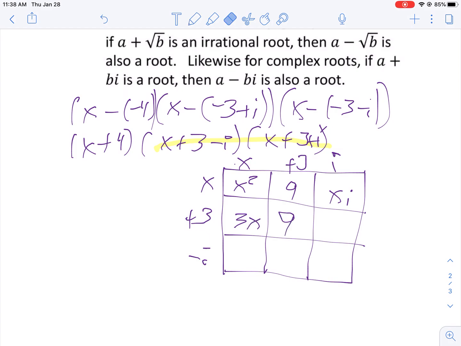Sorry if that confused you, because it's 3 times x. And then 3 times i is 3i. Then I'll get negative ix, negative 3i, and negative i squared. Now let's write down what we have. We have x squared plus 6x.